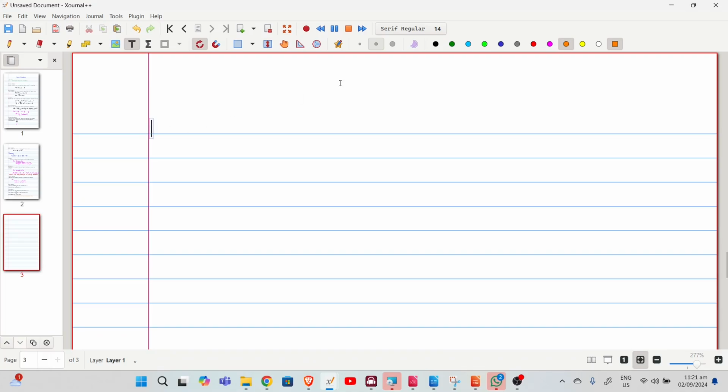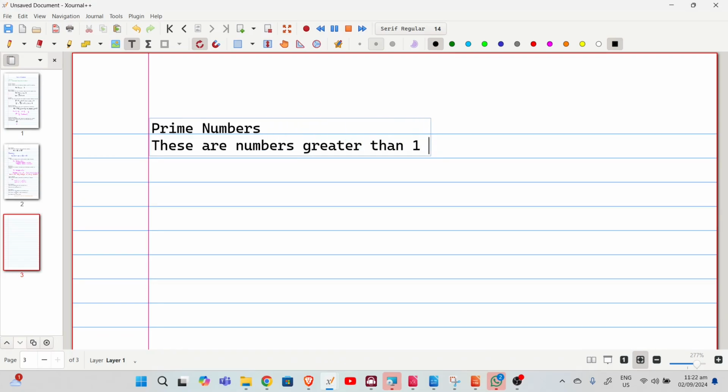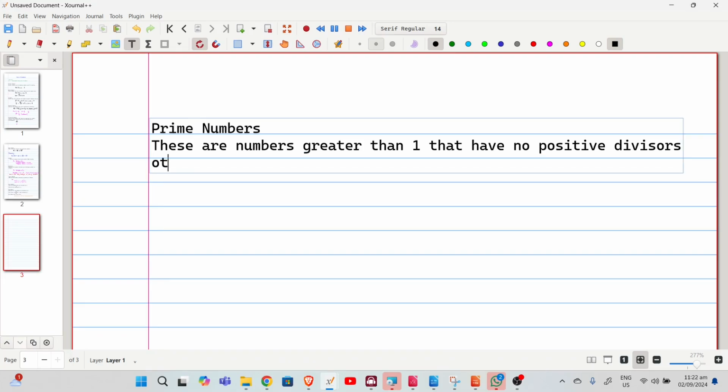The next one we're talking about is prime numbers. These are numbers greater than 1 that have no positive divisors other than 1 and itself.